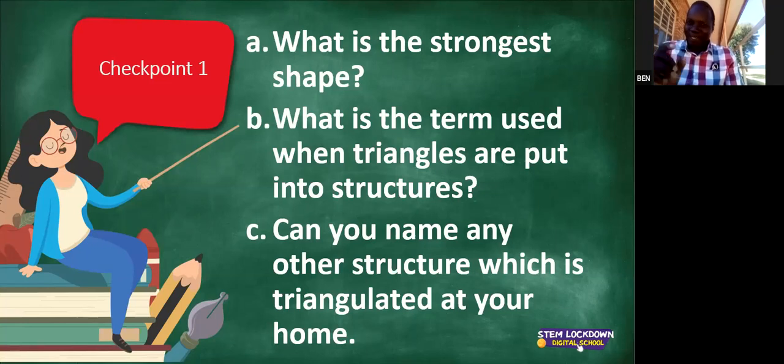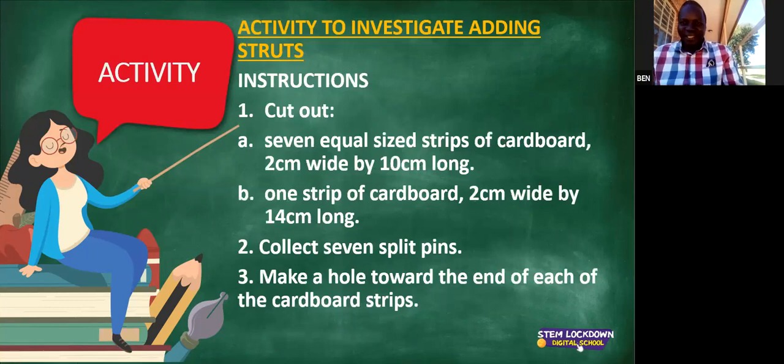So I'm going to pass this part and go to the next part, which is very important for this lesson. I was just checking whether you understand. I see most of you, yes, triangle is the strongest shape. Uzziah, good. And Darrell, the triangle is a very strong shape.